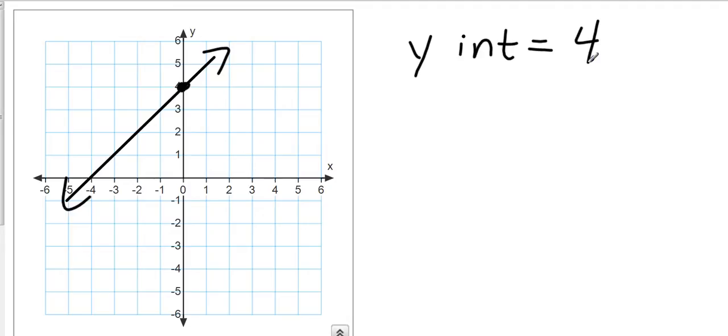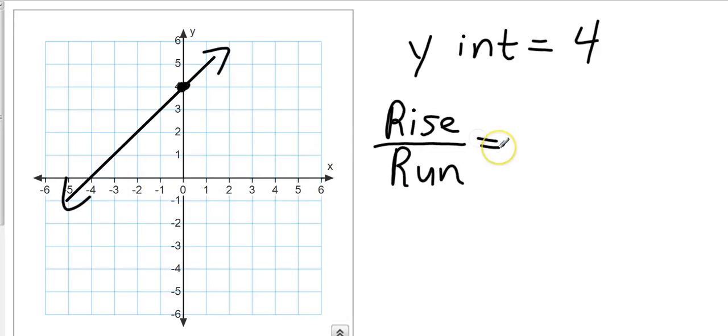Pretty simple. Now, I need to find my slope. So to find slope, I'm going to use rise over run. And I need to find another point. So I need to find a perfect intersection point, where it hits a perfect junction. So I might go down to this one.